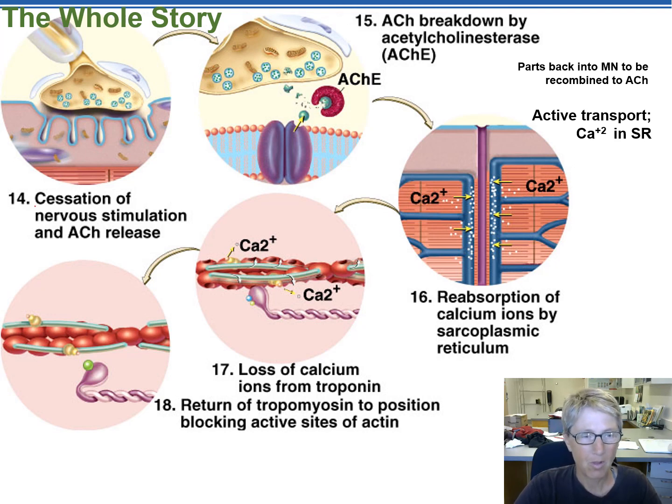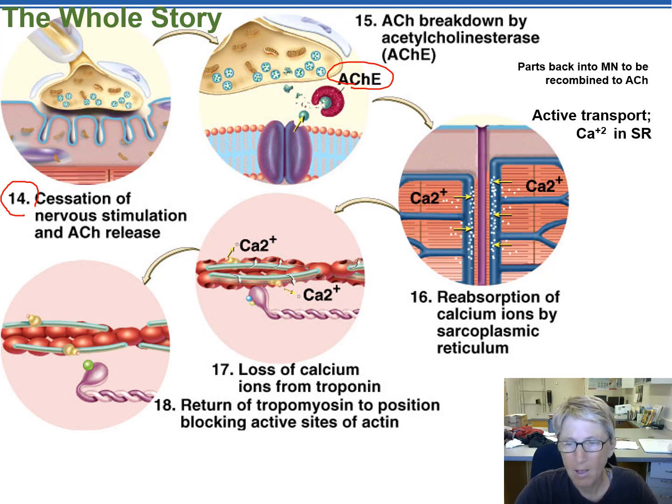And then step 14, cessation of nervous stimulation. So that means there's no more action potential. That means there's no more acetylcholine in the synaptic cleft. Then acetylcholinesterase, an enzyme, can break down acetylcholine that's there, and then they'll put parts of that acetylcholine back into the axon terminal.